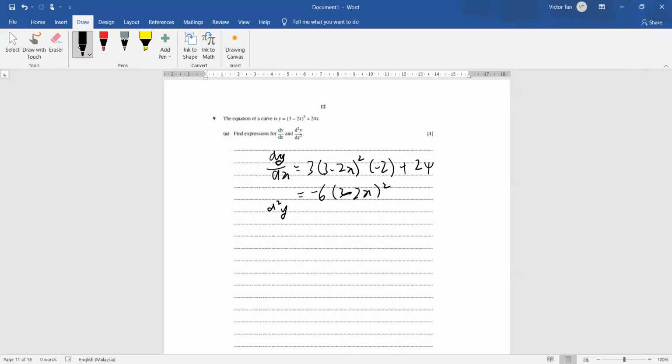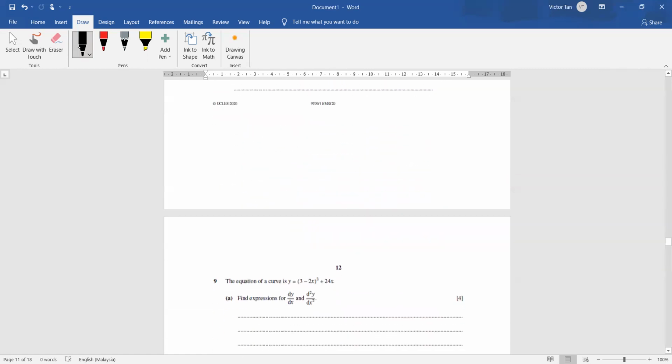Second differential: power down times 6, 2 times minus 6 is minus 12, 3 minus 2x, power minus 1. Differentiate 3 minus 2x again is minus 2. Here you get 24 times 3 minus 2x. Okay, that's it.